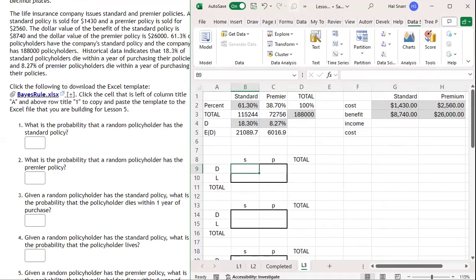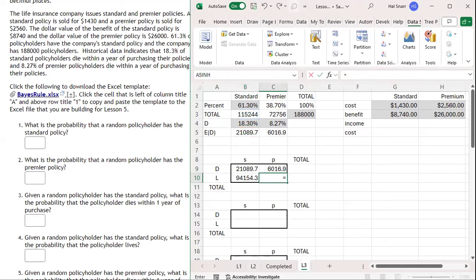Now we're going to fill out this frequency table. The number of standard policyholders who die within a year is that. The number who do the same thing in the premium, among the premium policyholders, is that. The number who continue to live is that number minus that number.